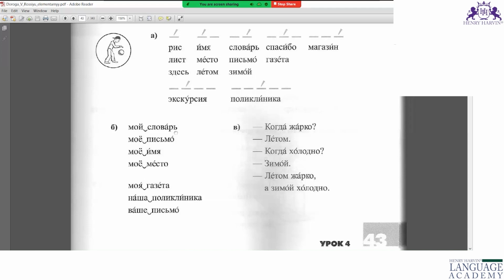Okay. So here it is. And the tricky thing is when you have a soft sign, it can be masculine, it can be feminine. So each word should be remembered separately. Так, мое письмо, letter O. Имя, exception, вместо letter O, that's why neuter. Continue, please. Моя газета, наша поликлиника, ваше письмо.